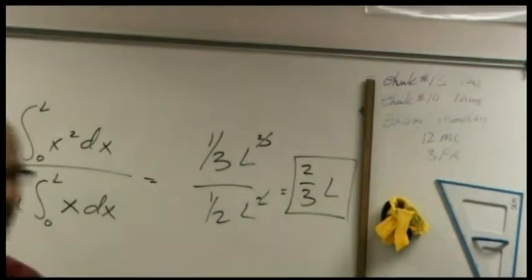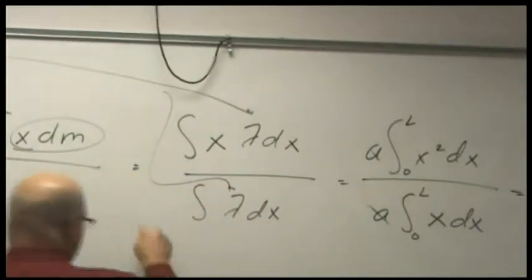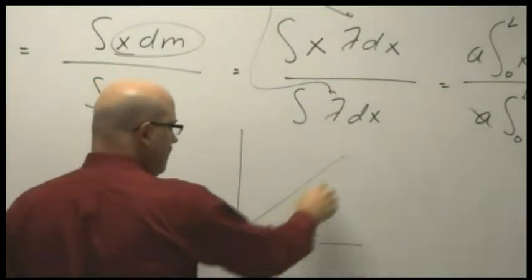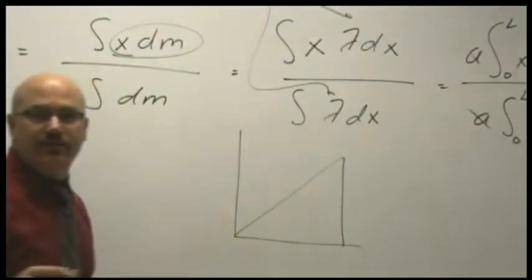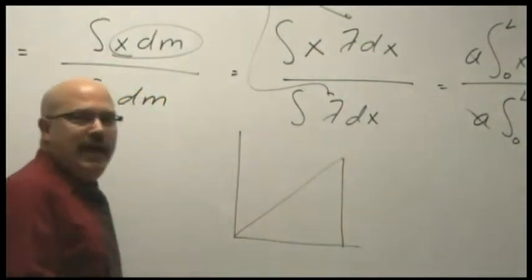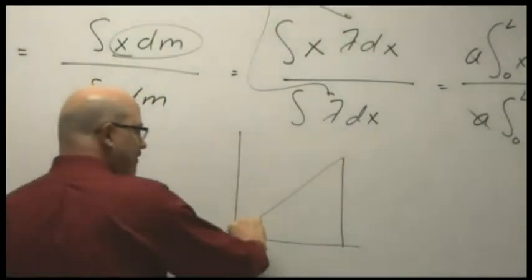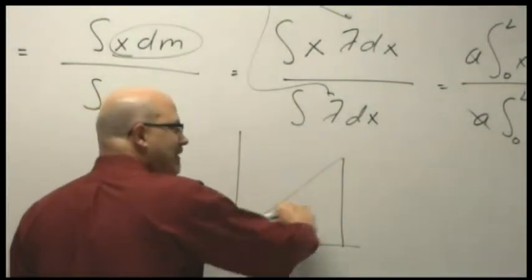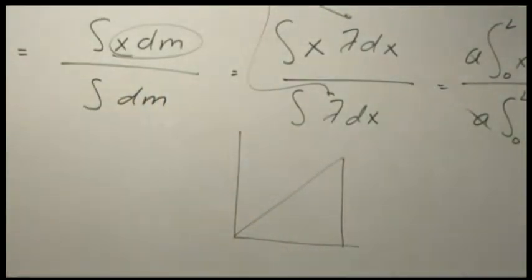Now say I were to do an object like this, where the object is shaped like a triangle, essentially, and you're going to find the center of mass in this direction. It turns out this is the same as a linear change in density.